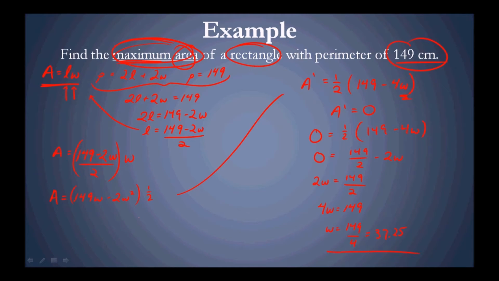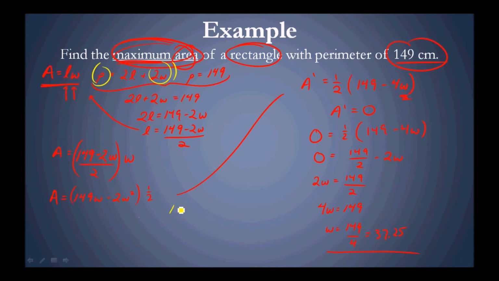So we solved for width. Having solved for width, we can solve for length, because we have a formula up here where we have perimeter, which is known, and width, which is now known, giving us only an unknown of length. But now we can solve for this unknown because we have 2 out of the 3 variables.